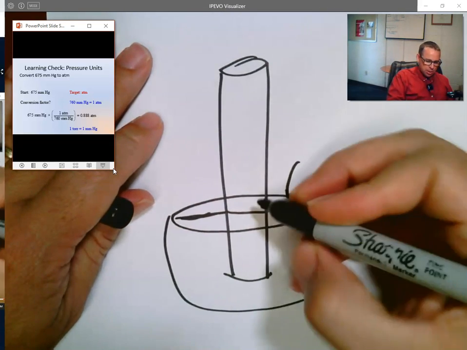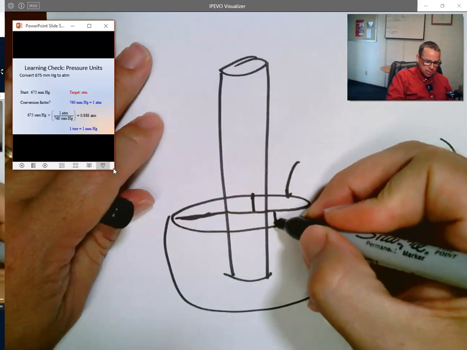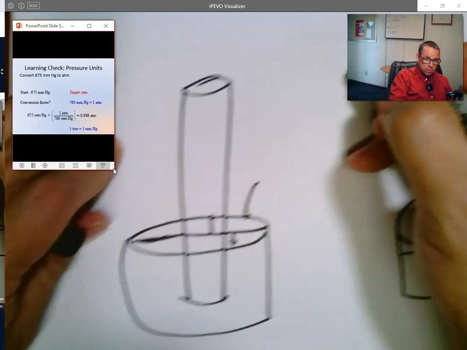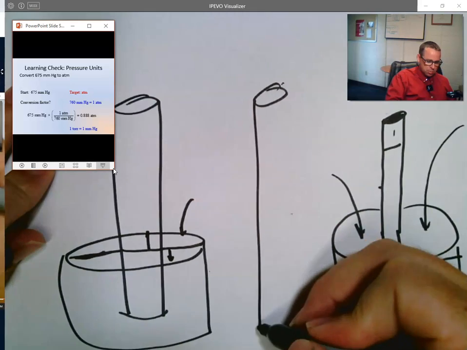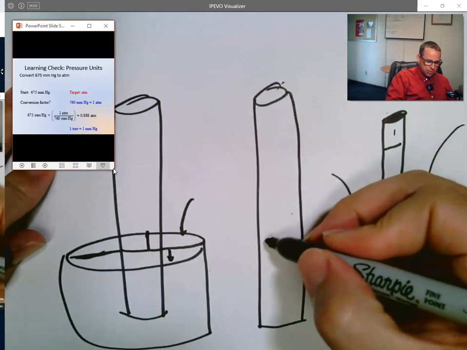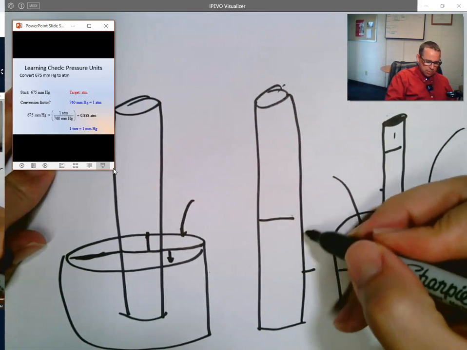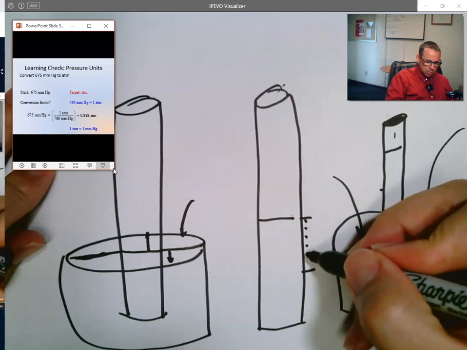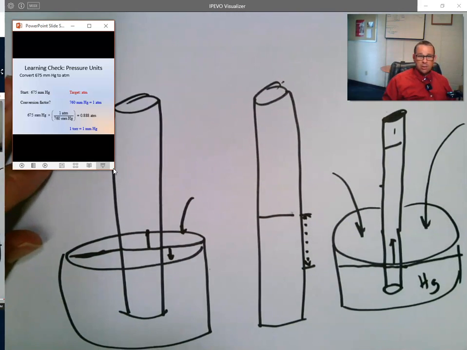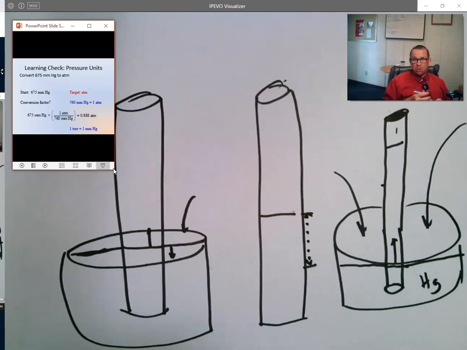As I put pressure on this, this mercury rises, this mercury lowers, and the result is a difference in the level of mercury. And that difference is going to be measured in centimeters or millimeters, and it will be one way to measure how much pressure has been exerted on the mercury surface itself.